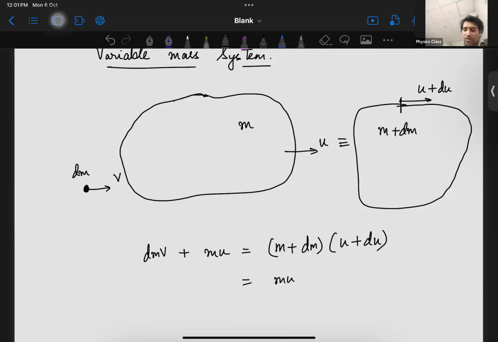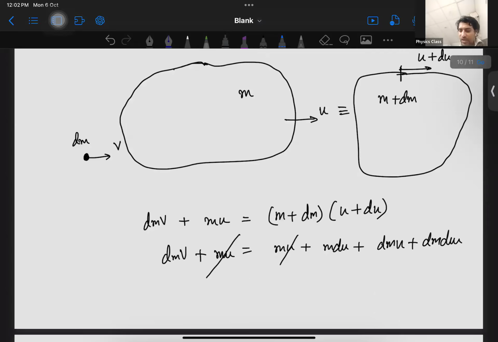Let's open up the bracket. What do you get? Mu plus m du plus dm u plus dm du. And on this side you have dm v plus mu. Let's remove the terms. What can we remove? Mu. And this term, dm into du, is a very small term compared to the rest.